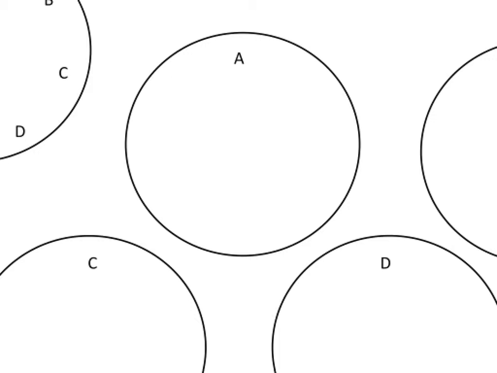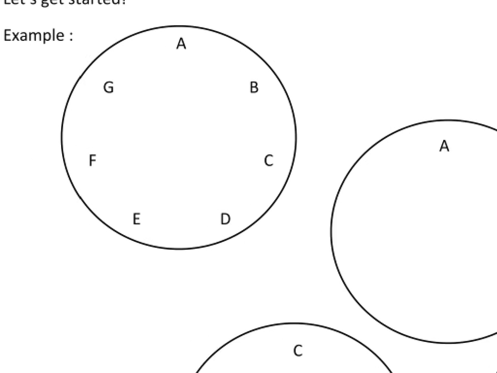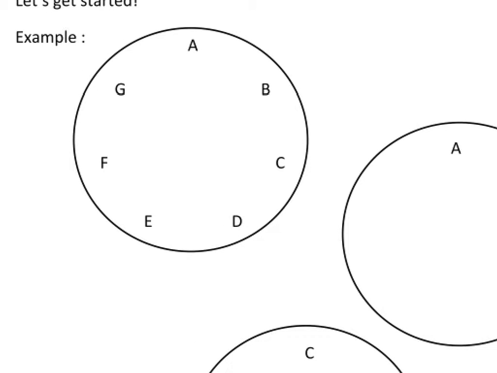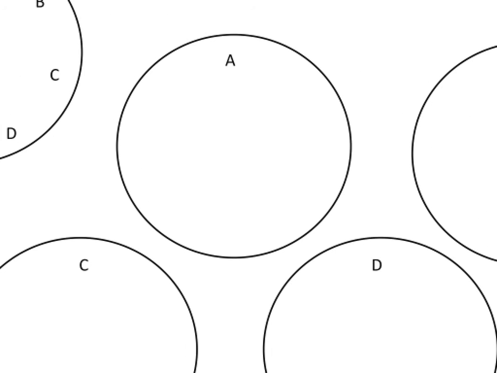So let's practice saying it in reverse. Here we have our example, and we're going to go counterclockwise. So let's return and think back to our circle. What is the letter that would come before A in the musical alphabet?